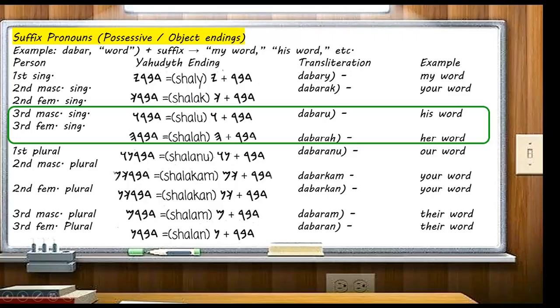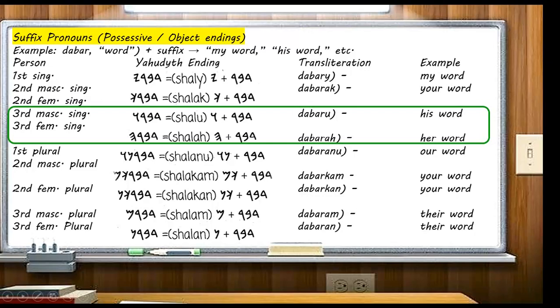Same principle applies for shala, meaning her. We have dabar plus the ha at the end of shala, and we get dabara.